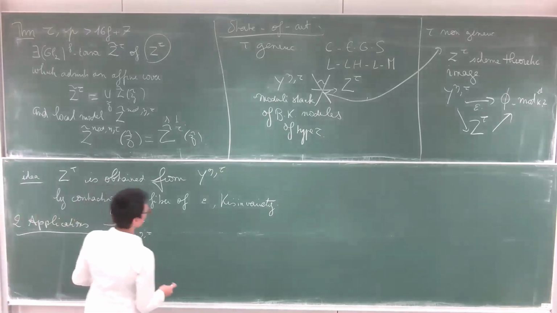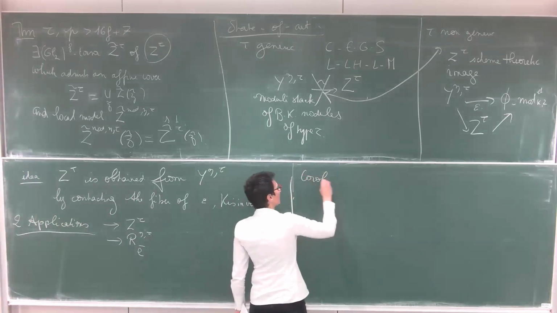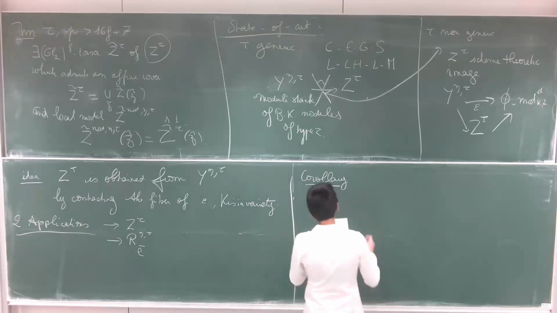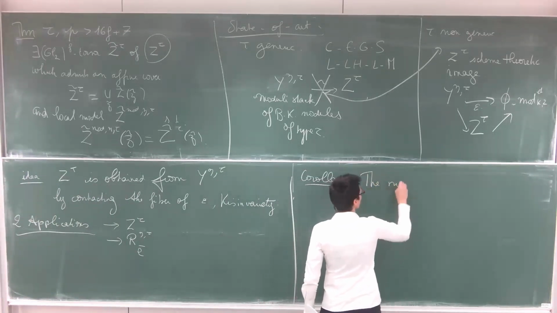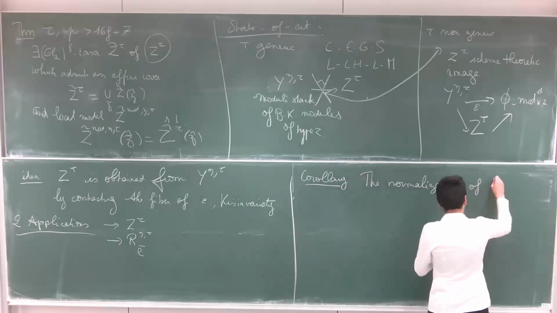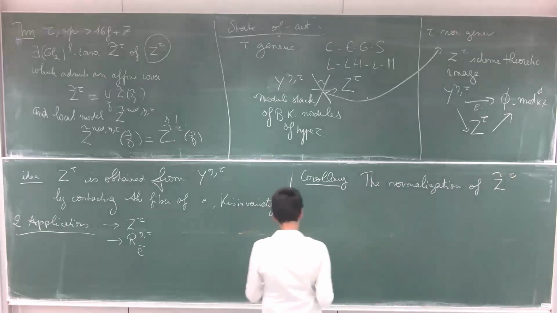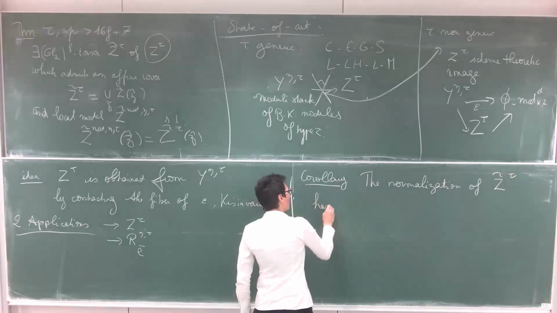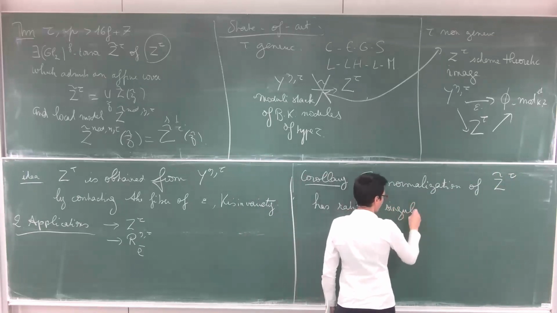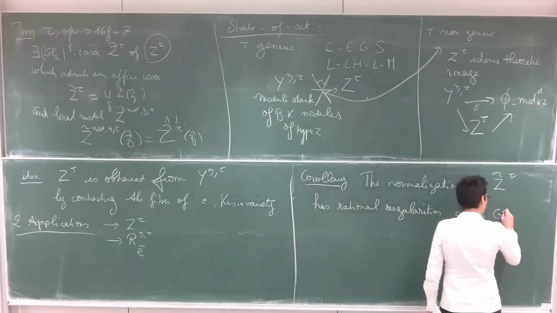So in fact, we have two corollaries from this theorem. The first one is that the normalization of this Moufang stack, the cursor of Z, has rational singularities and is Gorenstein.